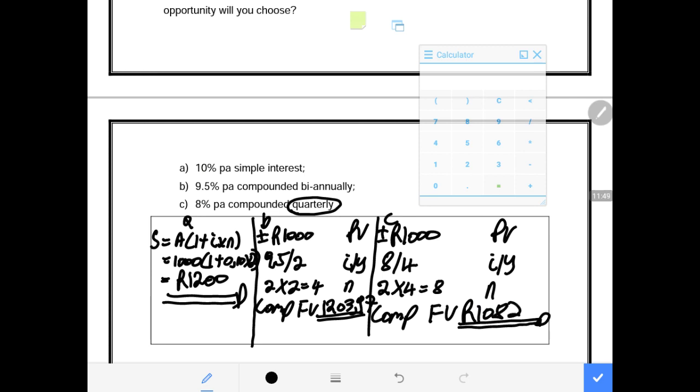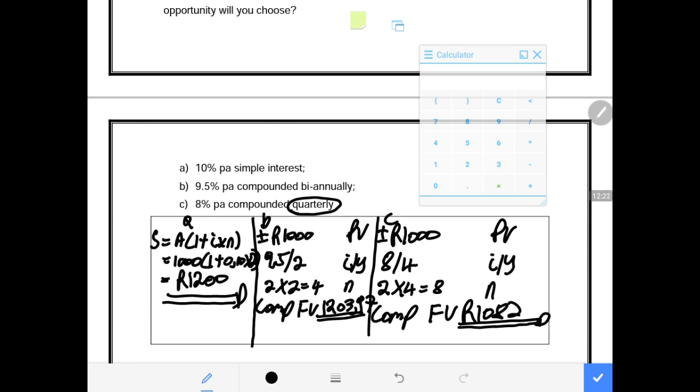It is 1082 rand. So now, okay, let me just verify: we have plus minus 1000 as present value, 8 divided by 4 is our interest, 2 times 4 is our n, and we compute our future value.